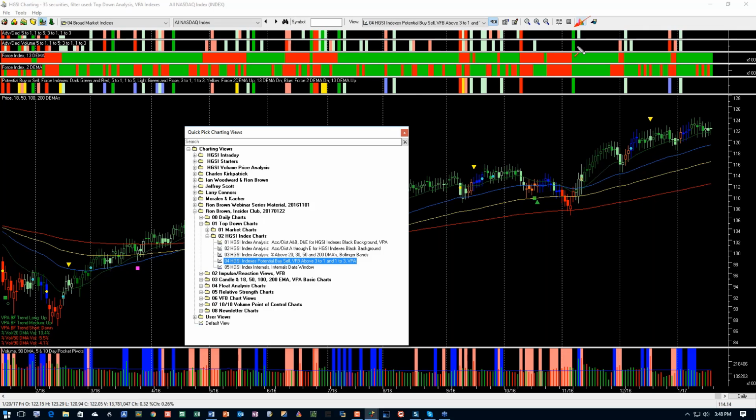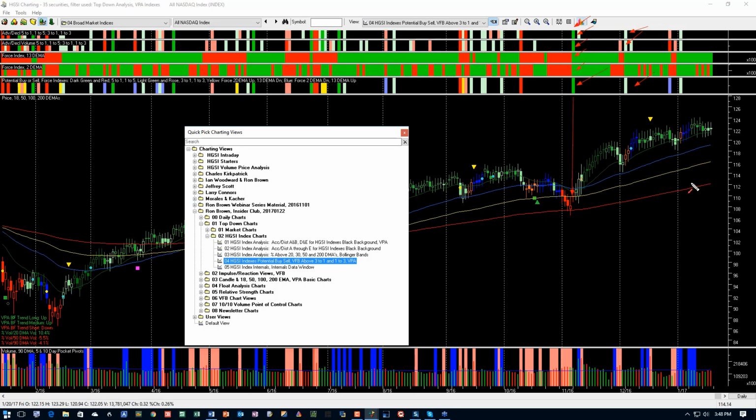When the force indexes both went positive in here, and I had a 5-to-1 day on advancing issues versus declining issues, and also on the volume, that would generate a buy signal. When you have the lighter green ones, that is also a buy signal, but it's not nearly as powerful as this. And if you follow this line down here, you can see that these were generated coming right off of here.